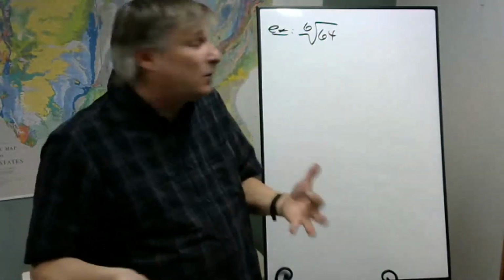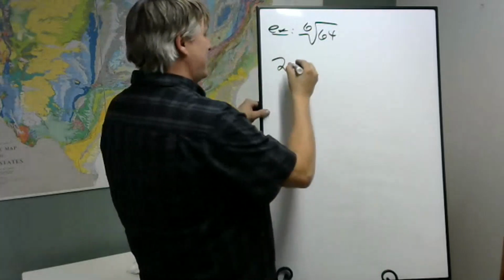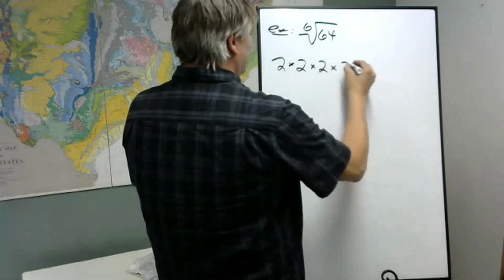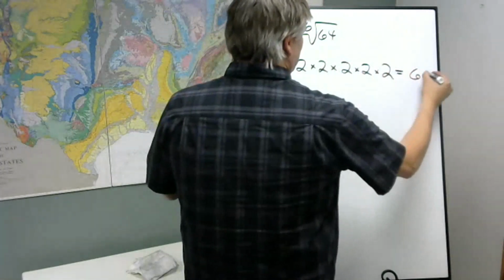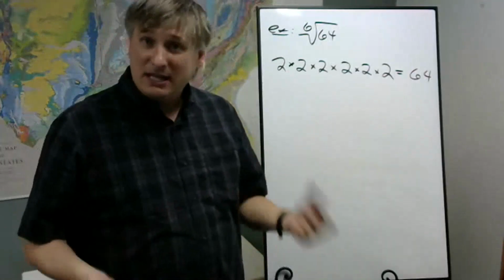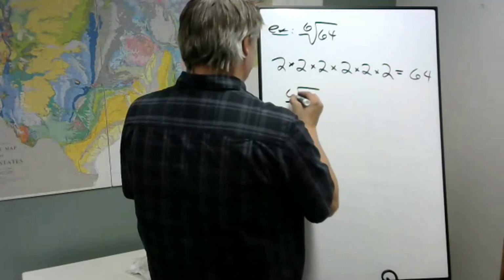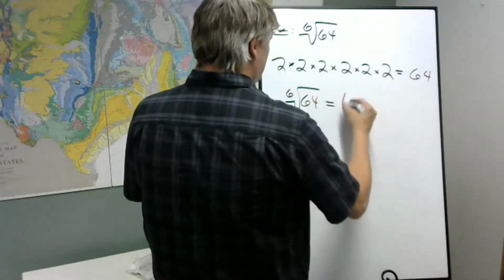And again, you might not know this, but we're going to learn about multiples of 2 in this class. 2 times 2 times 2 times 2 times 2 times 2 is 64. So 6 2's multiplied together gives you 64. So that means the sixth root of 64, well, that's going to be 2.